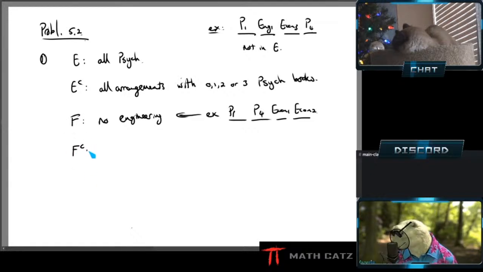So now what is the complement of F? Understanding that together they have to make everything. It's not all engineering books, because then, like this top example, it's not in either one. I can't jump to the other extreme because together they have to cover everything.